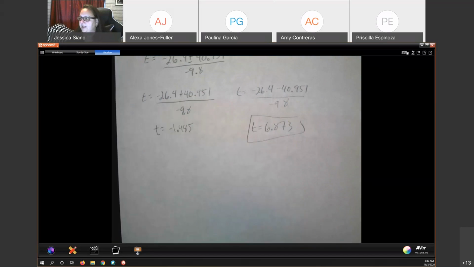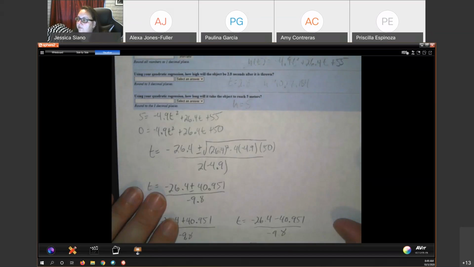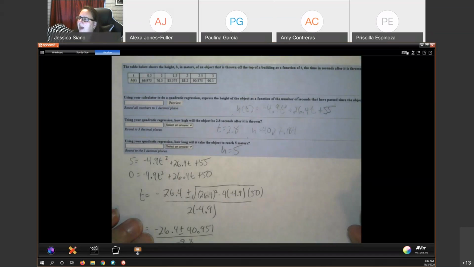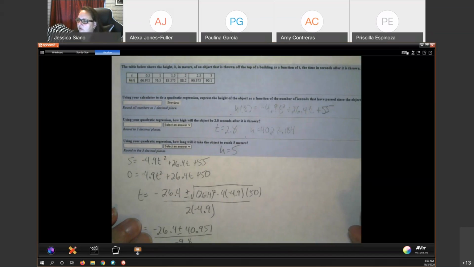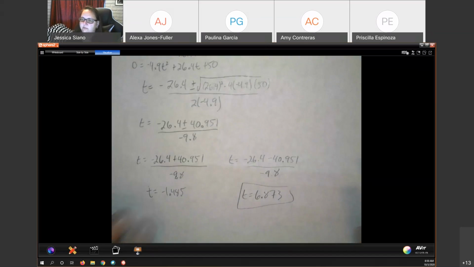So it'll take 6.873 seconds for the object to reach 5 meters. Okay. All right.